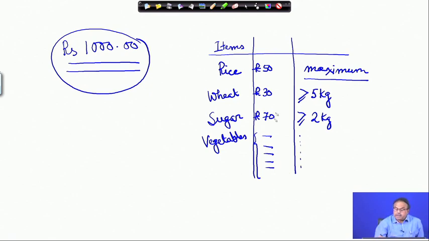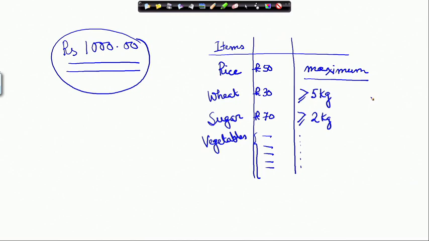Now, given this, you can buy 5 kg of rice, you can buy 6 kg of wheat, you can buy 7 kg of wheat, you can buy 2 kg of sugar or 3 kg of sugar, etc. You can do many things, but you have to see how you will distribute this, so that even after satisfying these requirements, you can buy the maximum amount of rice.